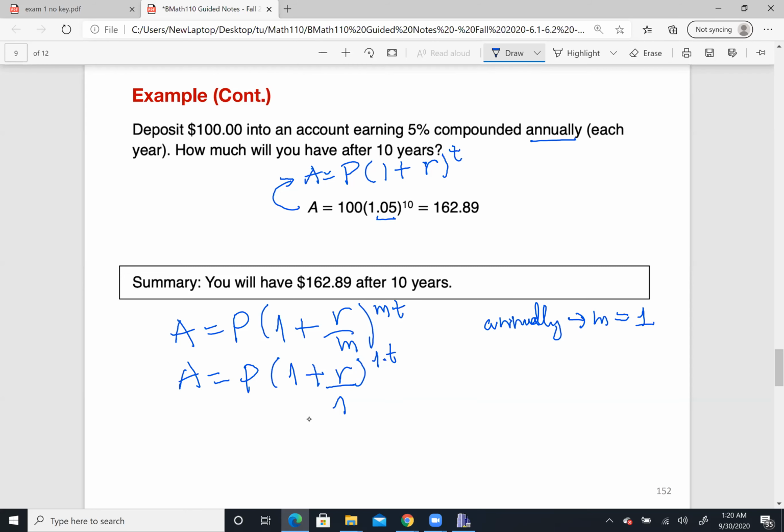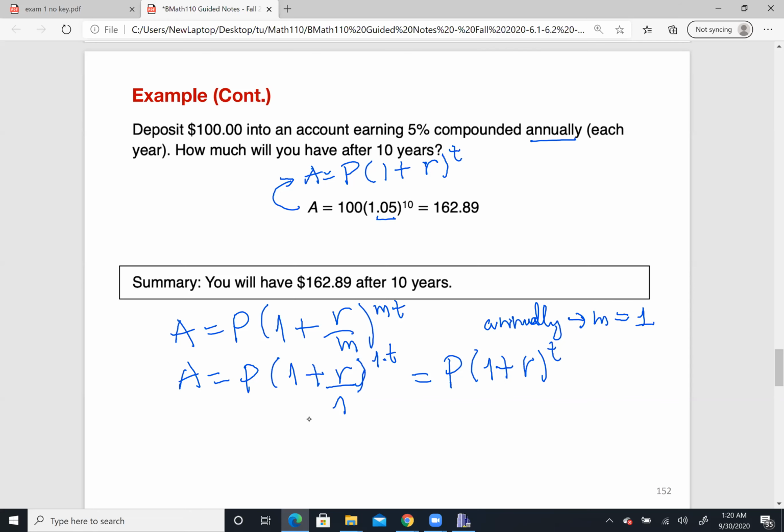When I simplify, I just have P times (1 plus r) to the power t. So that's the reason why in this case I guessed that the formula should look like that, right?